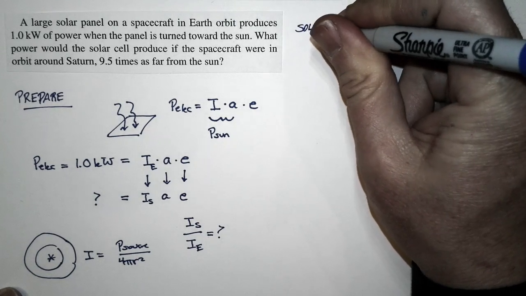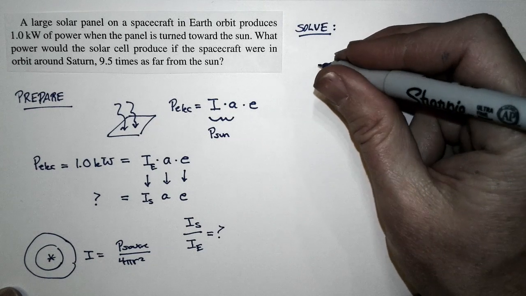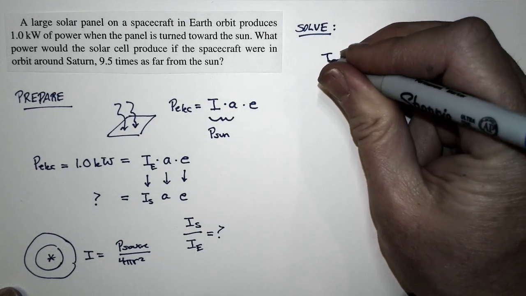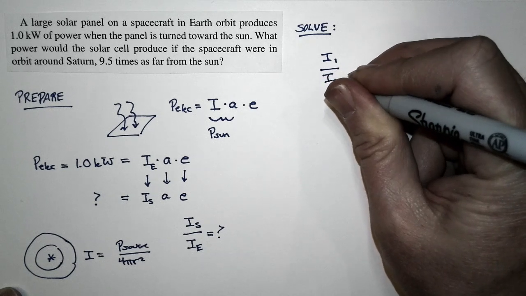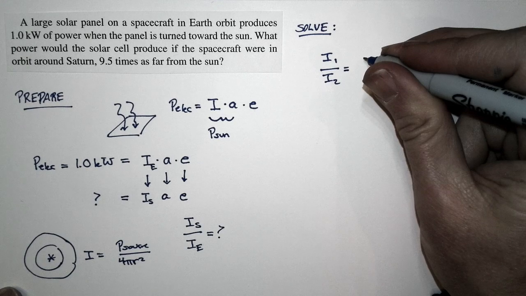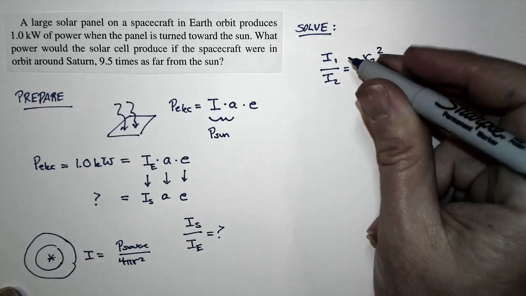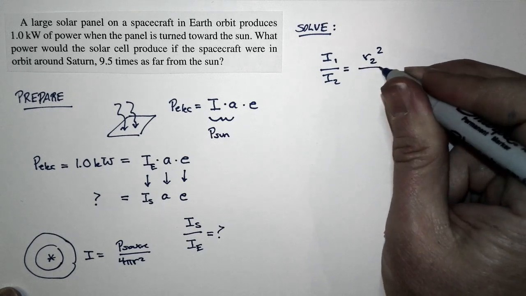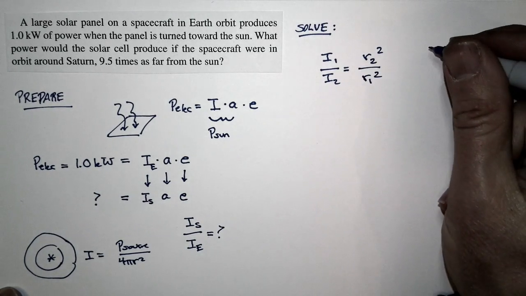So this is what we have to solve for, and we'll be guided by this equation right here. The ratio of the intensities at two distances r1 and r2 from a source is given by this: the intensity at distance 1 divided by the intensity at distance 2 is equal to r2 squared divided by r1 squared.